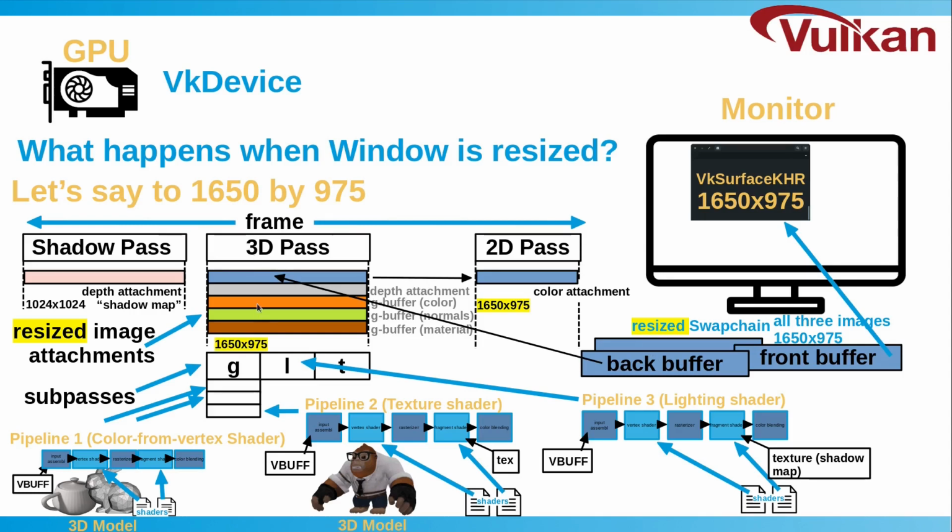Then also the images of the 3D render pass, the depth attachment, for example, and the G buffer attachments, all of them need to be resized. The same is true for the 2D rendering pass. However, the shadow pass is still not affected because the output of the shadow pass, the shadow map, is sampled down here in pipeline 3 in the Fragment Shader.